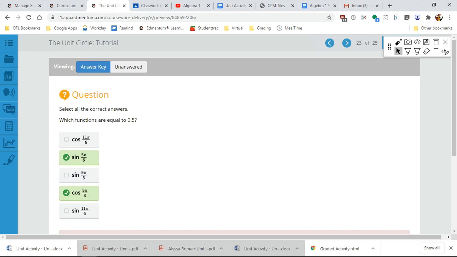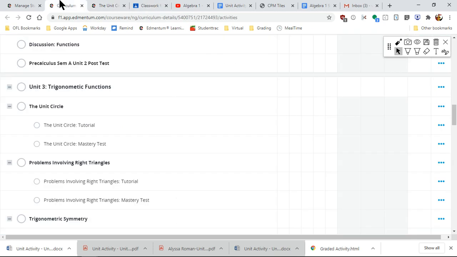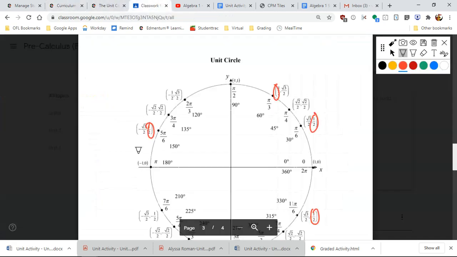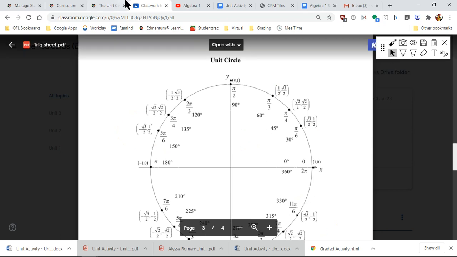I must have looked at this and thought they were saying the other one. So they were only looking for this one and this one because they're like, you should already know this. And both of them are negative. Our x's and y's are negative here.